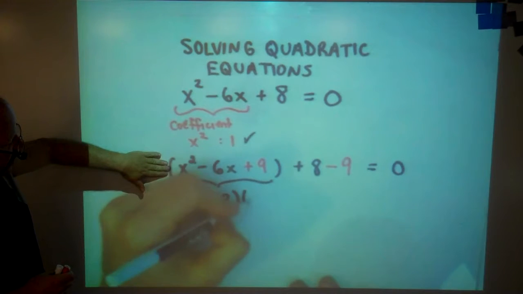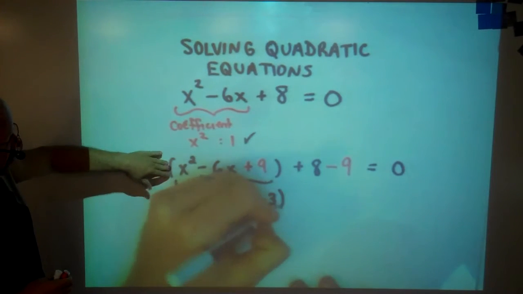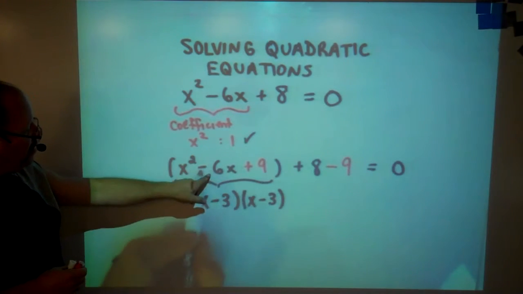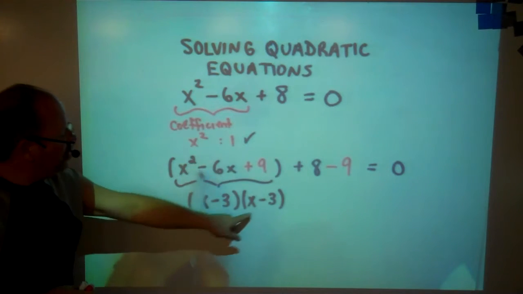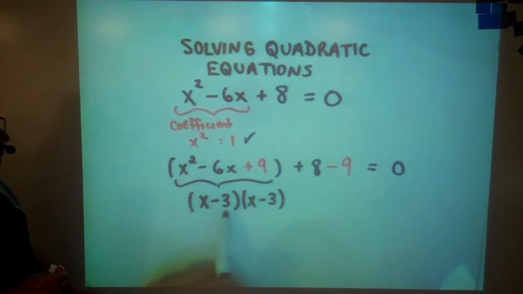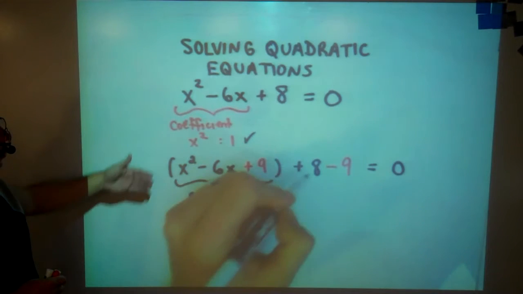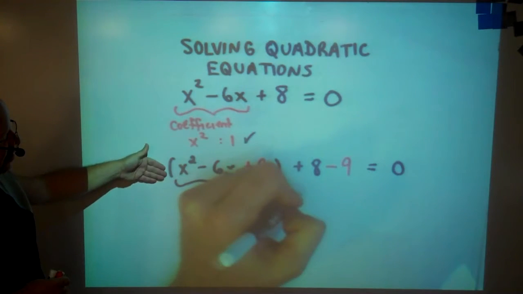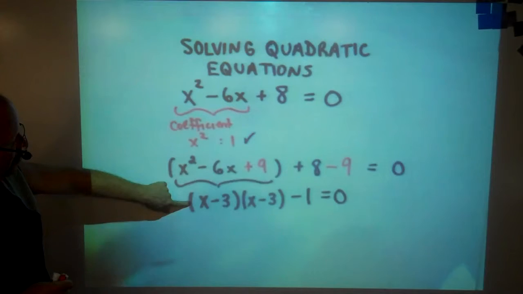This quadratic factors into a perfect square, x minus 3, x minus half of this times itself. Now that's the purpose in doing these steps, is to get that perfect square binomial.